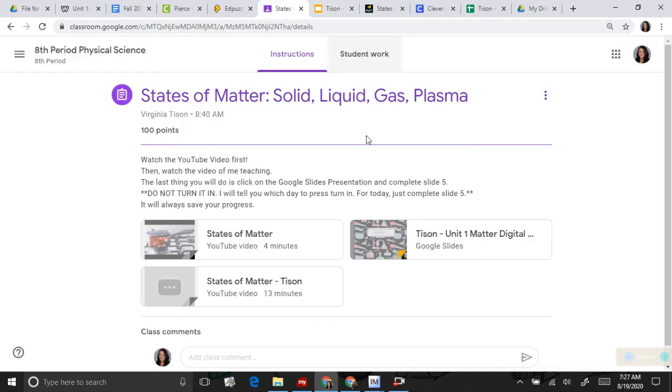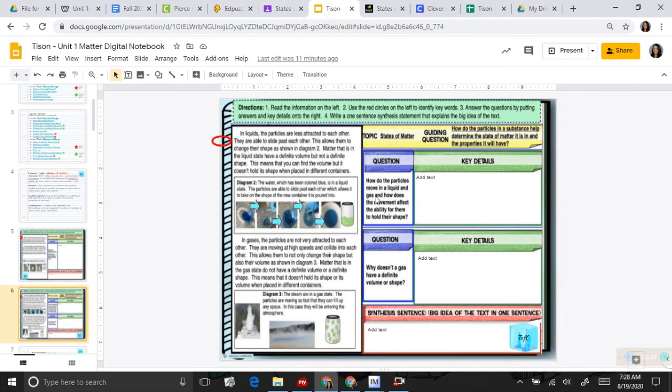So, from yesterday, this was our assignment. It said solids, liquids, gases, and plasma. And remember, you had your digital notebook right here. I'm not going to reattach that. You're going to need to go back and grab it from here. You're going to be doing slide 6. So, the first thing says read the information on the left.